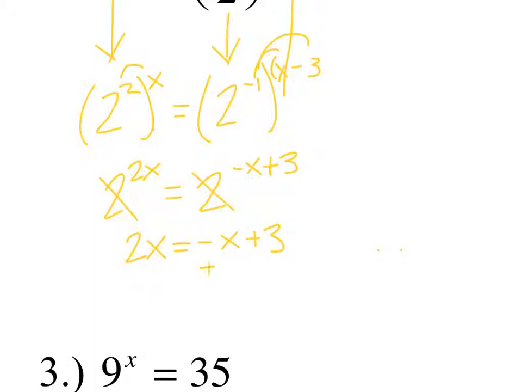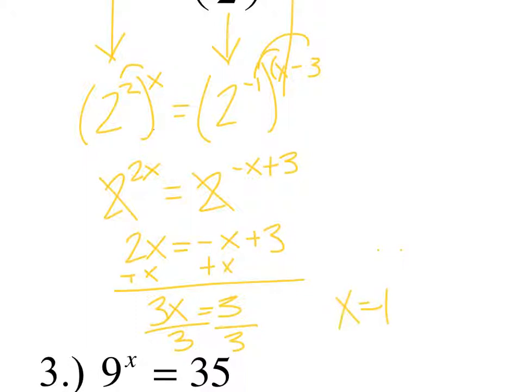Then you can just solve by getting your x onto one side, and the last step is to divide. So x in this case would equal 1. We know that because we created 2 terms with equal bases so that they canceled out, and we could set their exponents equal to each other.